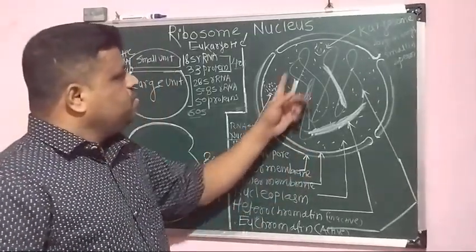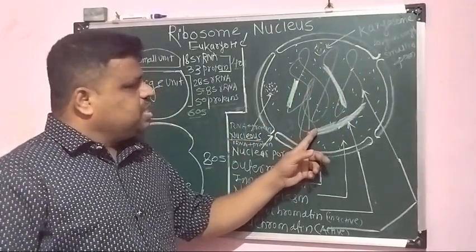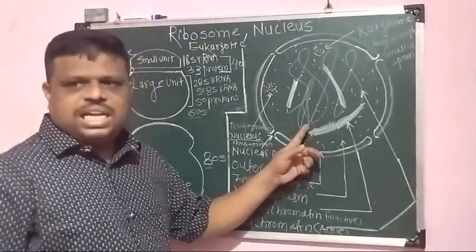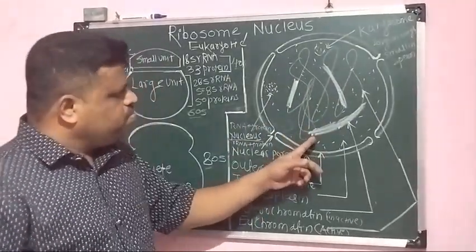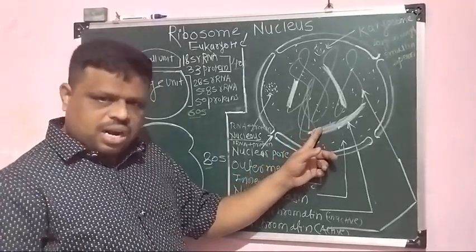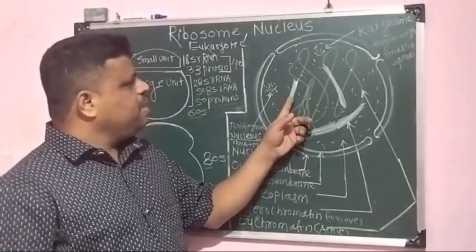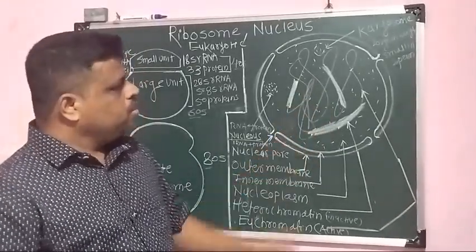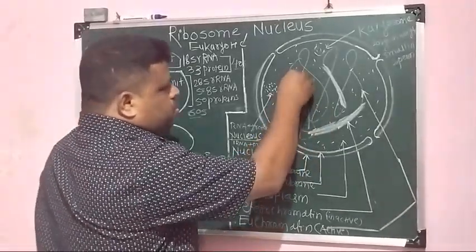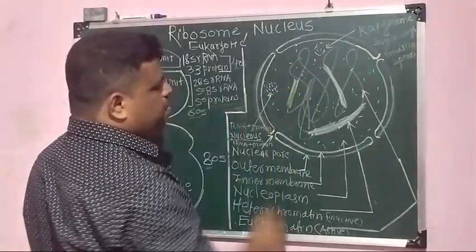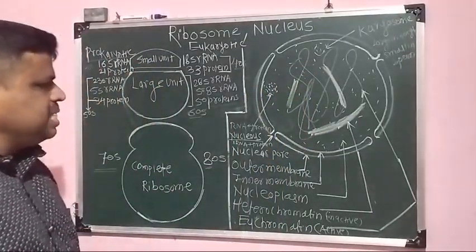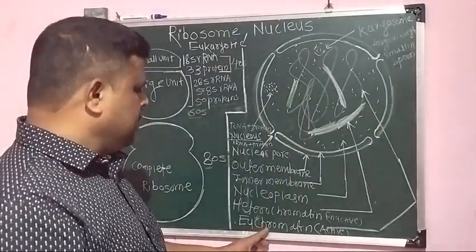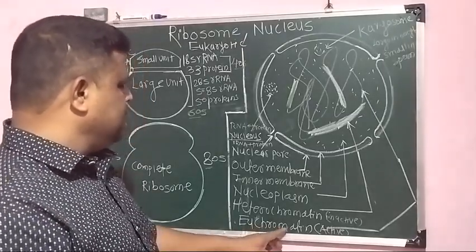After condensation this network appears like this. Some parts appear dark while some parts appear thin. Those parts which appear thick are known as euchromatin.